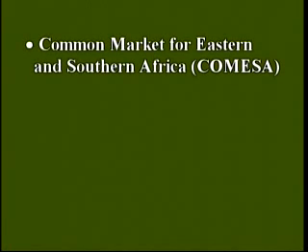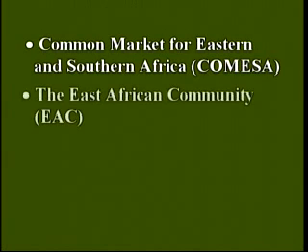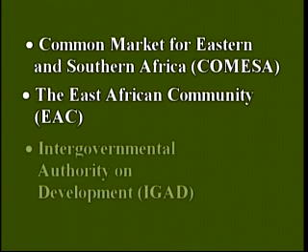Students, there are different forms of regional economic integration in Africa. The following are integrations that are recognized by the African Union. Common Market for Eastern and Southern Africa, COMESA. The East African Community, EAC. Intergovernmental Authority on Development, IGAD.